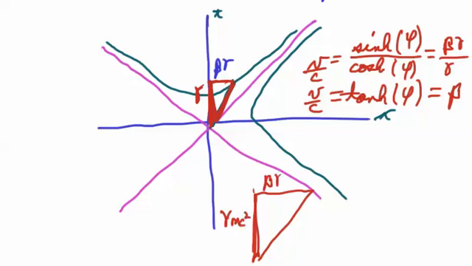The beta gamma mc squared is the momentum times the speed of light, and then this part here is the kinetic energy of the particle, however high that point is above that line, and this part down here is the rest mass energy, mc squared.